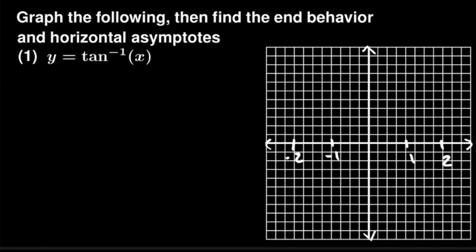Let's just do it there. Pi over 2. And here, 1, 2, 3, 4. Negative pi over 2. And then those are horizontal asymptotes. And that's what we get.